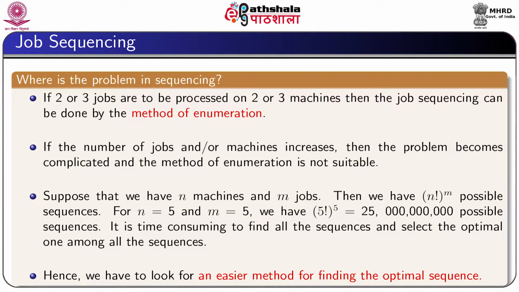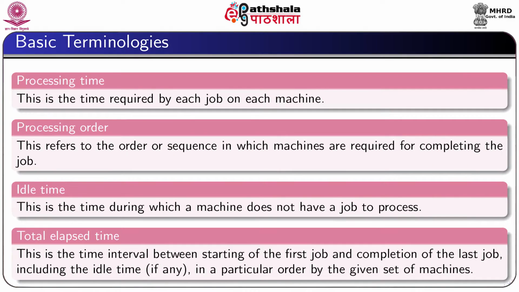Before we proceed to a method for finding the optimal sequence, let me explain some terminologies which are usually used in job sequencing. Processing time: this is the time required by each job on each machine.